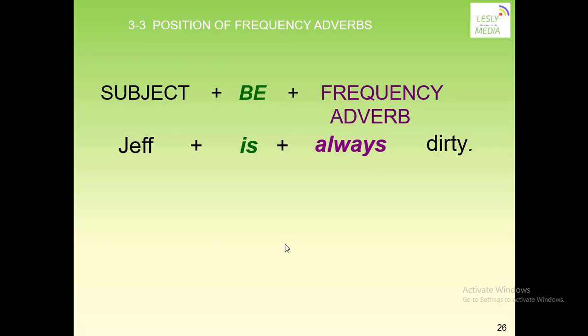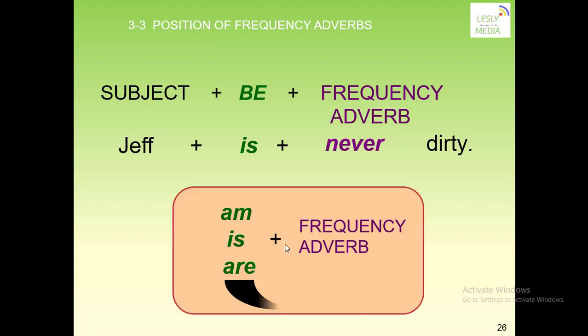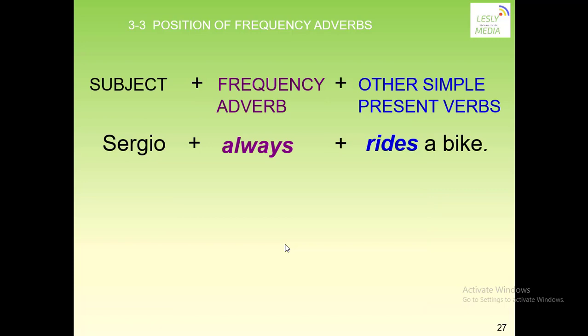It means subject, to be, and frequency adverb. So the position should be like this. The frequency adverb can be changed to usually, often, sometimes, seldom, rarely, never. It means that to be is in front of the frequency adverb. Okay, next. Let us see another example.